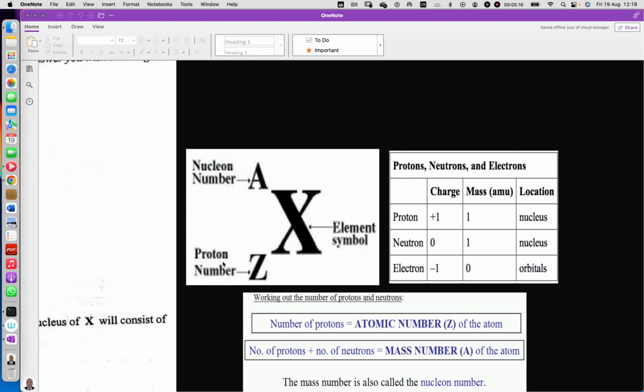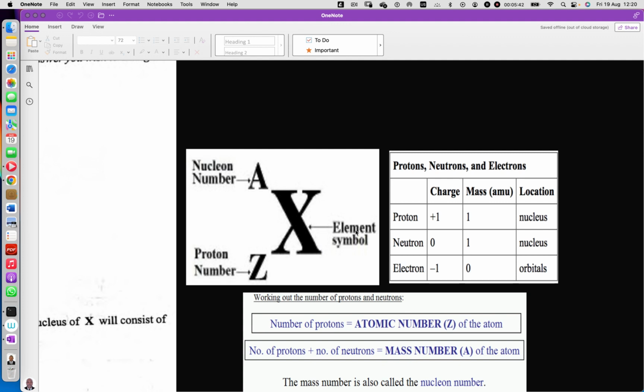So if given the proton number, or the atomic number, to look for the number of neutrons, it would be the mass number, which is also called the nucleon number, minus the proton number or the atomic number. You have the number of neutrons. The number of protons is equal to the Z, which we have given here.